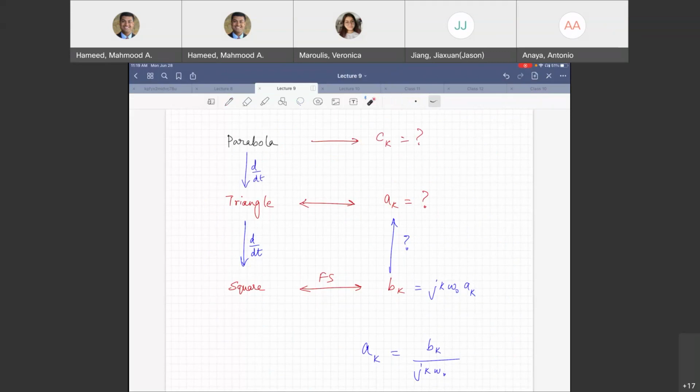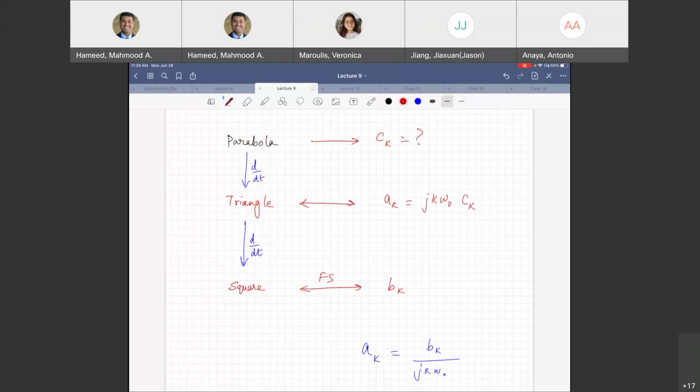That's it, right? So when you differentiate it once, you go to a triangle. You differentiate it twice, you go to a square. But when you're writing it for a square, this is what? This is AK, j k omega naught ck, right?